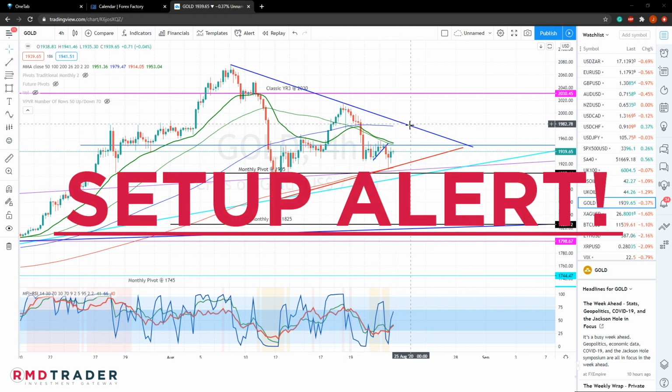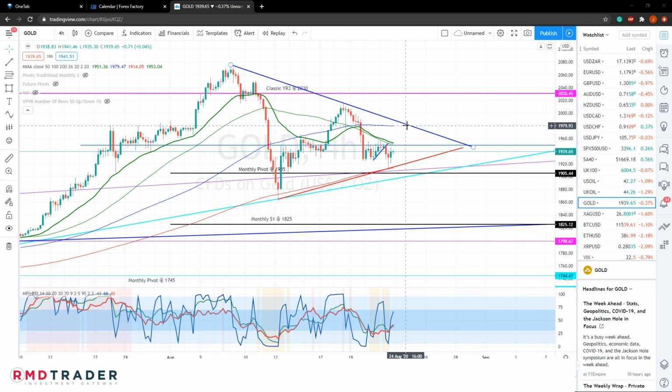So any close above our 100 SMA would give us bullish targets, firstly targeting this resistance area at 2050. And of course, if we do get above that, that could take us to new all-time highs.